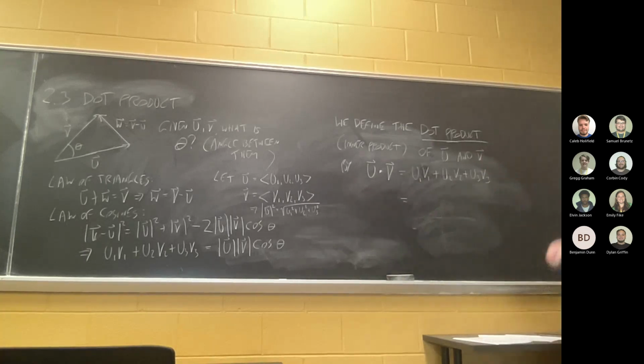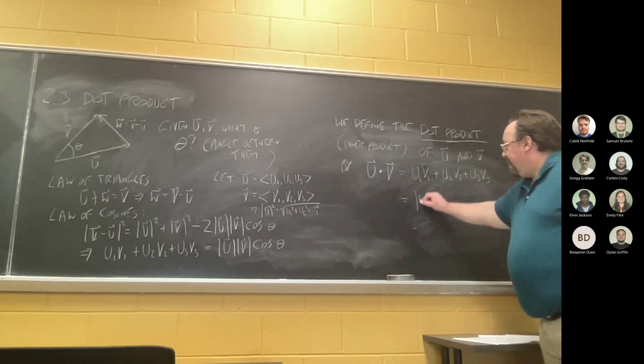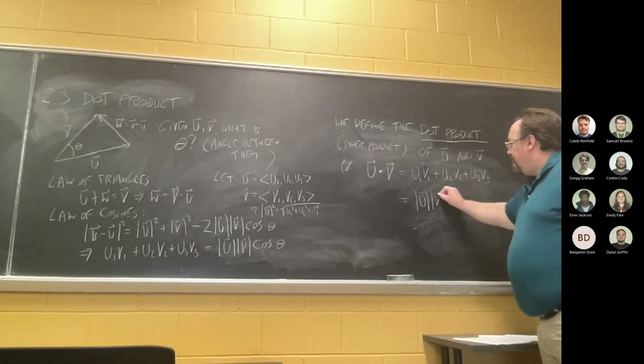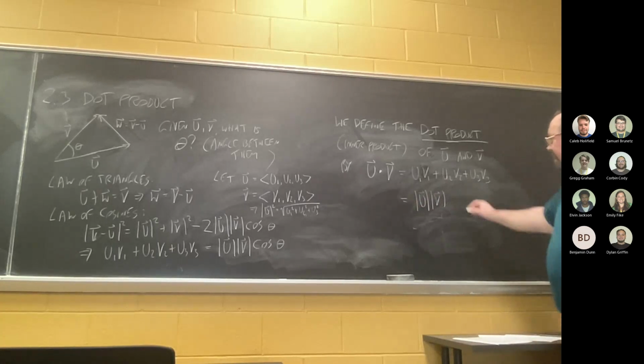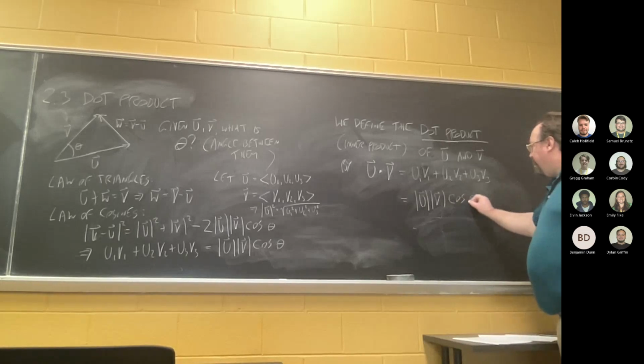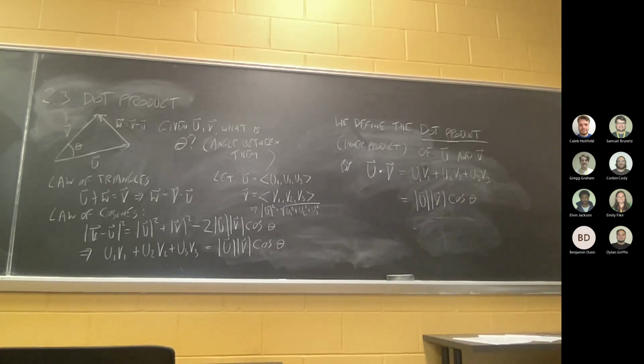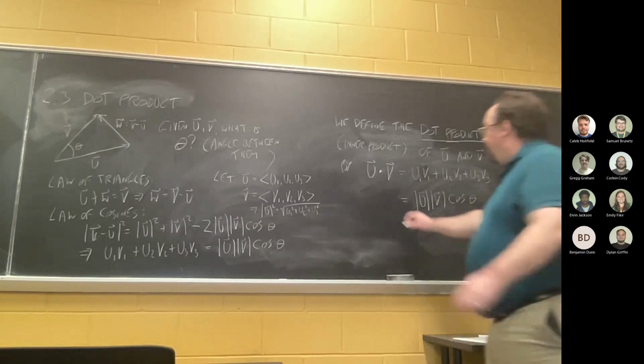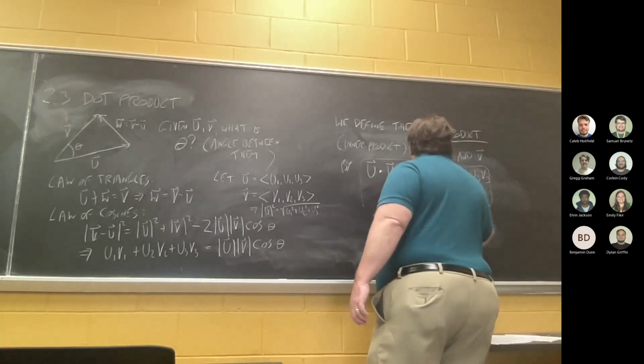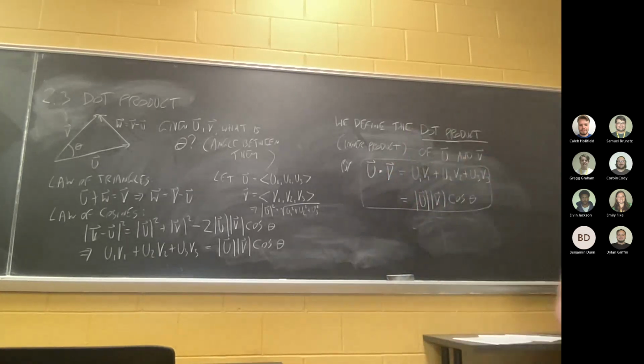But for what we have down here, that happens to be equal to the product of our magnitudes times the cosine of the angle between them. So you can use either formula to compute the dot product, depending on what information you're given about the vectors.